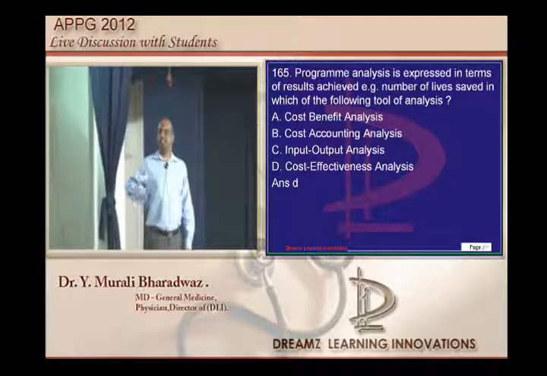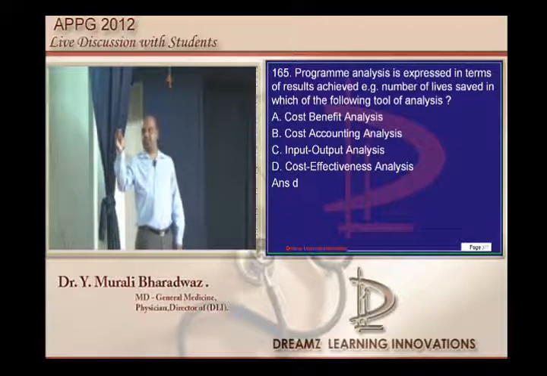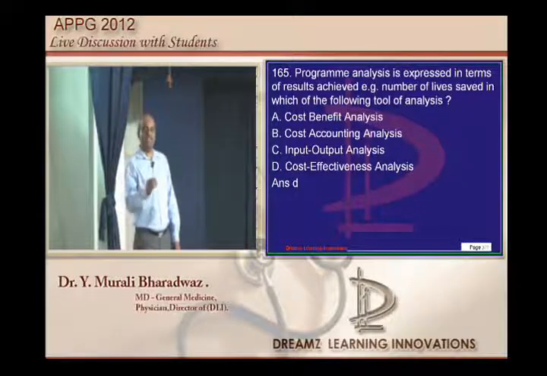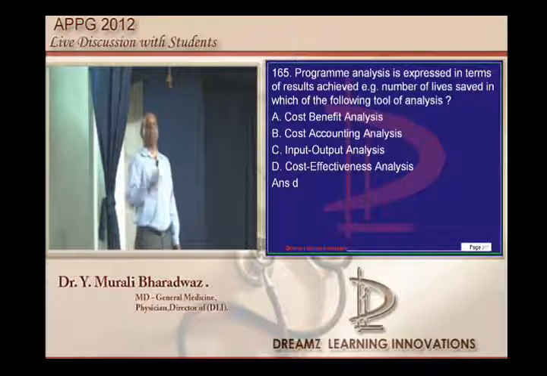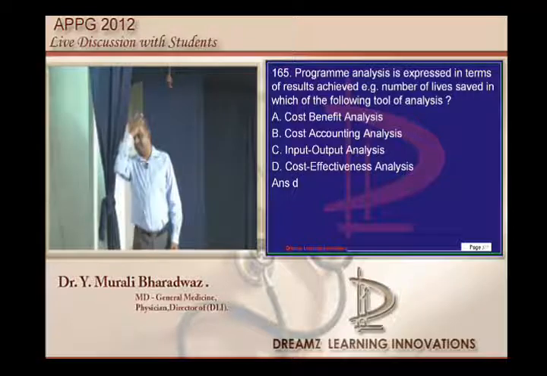This we discussed many times on our Sunday, doctor. That's not my mistake. We were telling definitions on that one page: input output, PERT analysis, cost effective, cost benefit. Small differences will be there. The examiner will catch us on that level only.